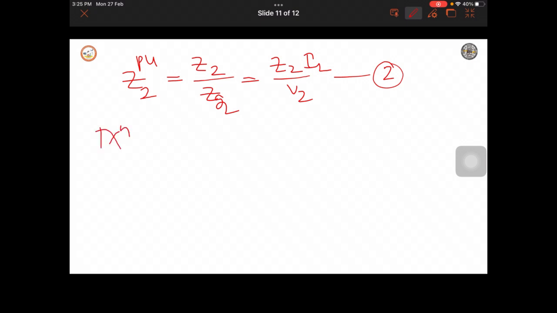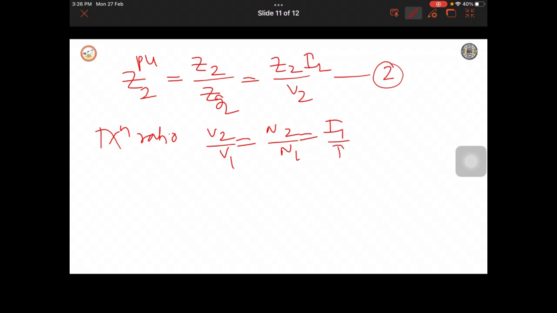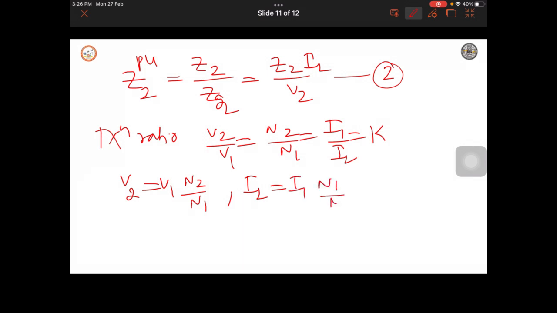But for the transformation ratio, we know that V2 by V1 is equal to N2 by N1 is equal to I1 by I2 is equal to K. This is the transformation ratio. So, with this we can get V2 is equal to V1 into N2 by N1. Similarly, we can get I2 is equal to I1 into N1 by N2. So, this is equation 3, this is equation 4.